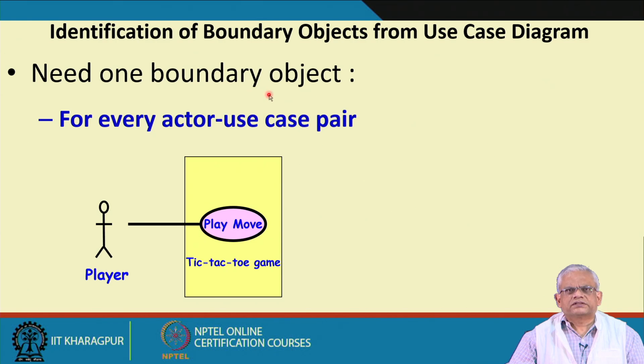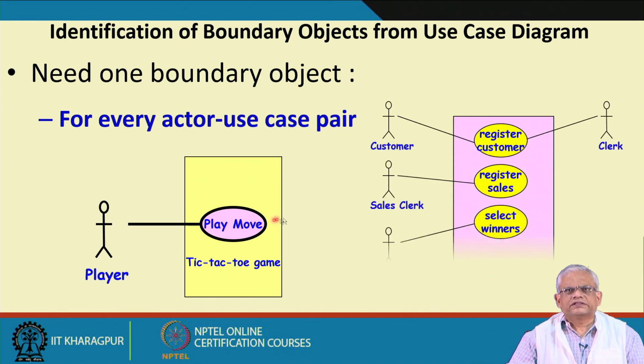The boundary objects are straightforward. Just look at the use case diagram, and for every actor use case pair, we need one boundary object. Similarly, for this example, there are 4 actors and 3 use cases, but there are 4 actor use case pairs, and therefore, we need 4 boundary objects for this problem.